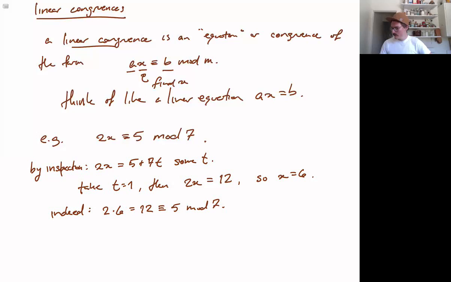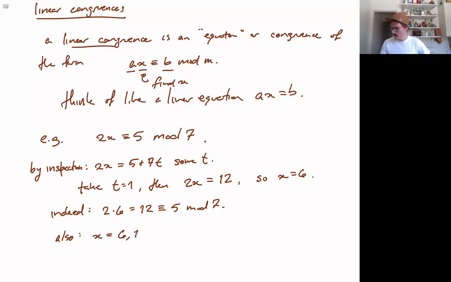But we also have, since we're working mod 7, we should be able to add 7 to our answer and still get a solution. So x equals 6, but x could also equal, what's 6 plus 7?